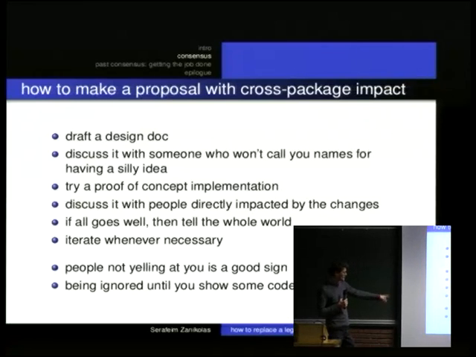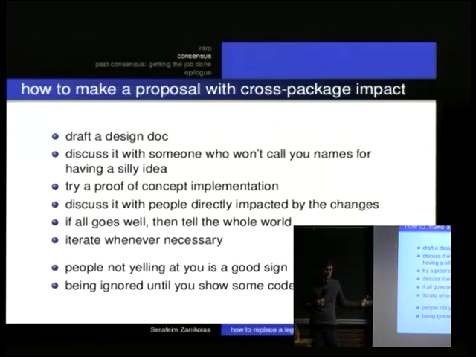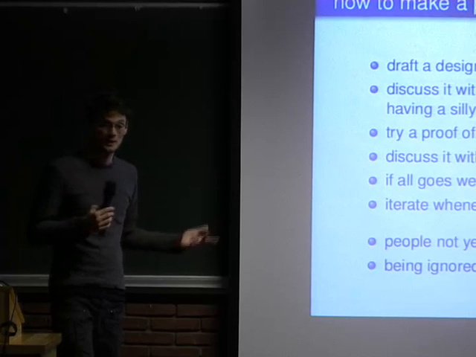And the last one is not so obvious, but it's tough. So being ignored until you show some code is normal. It's tough because preparing the idea and thinking over it and doing a proof of concept implementation, all these things take time.